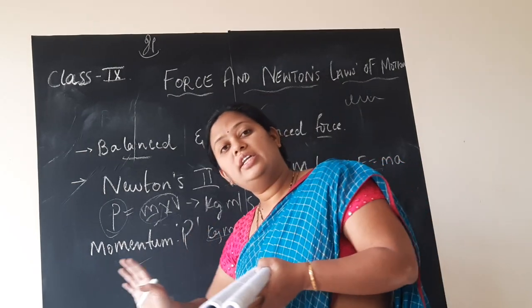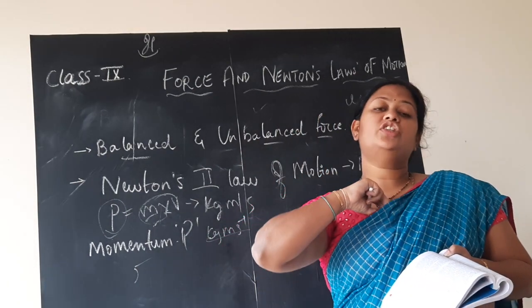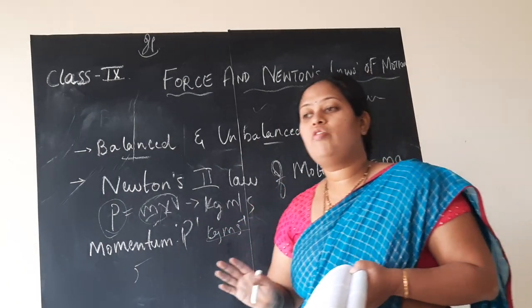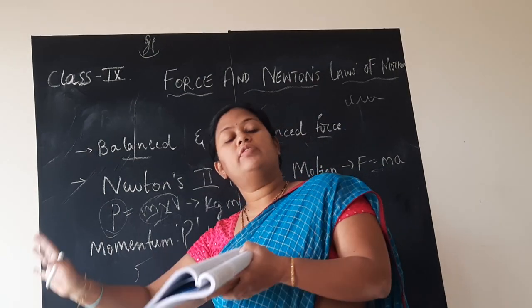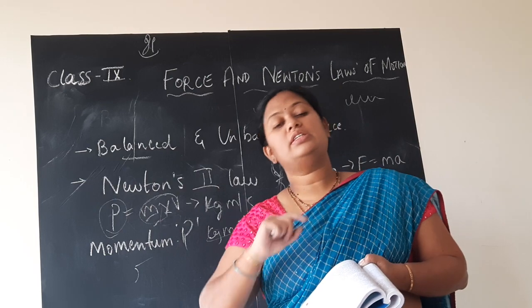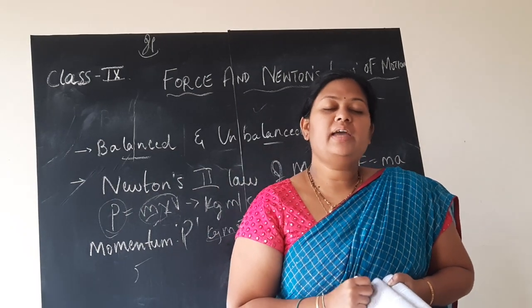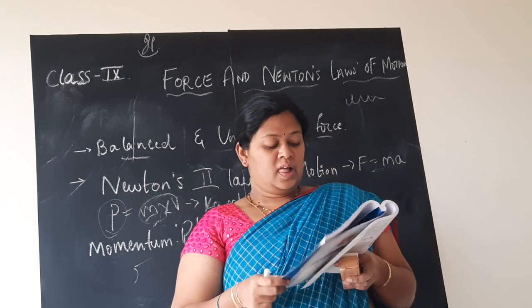But if they are continuously pushing for some distance, the engine may start up. So how much force you are applying, or with what momentum you are pushing, not only matters, but how long the force is applied also matters. So the quantity time comes into play here.